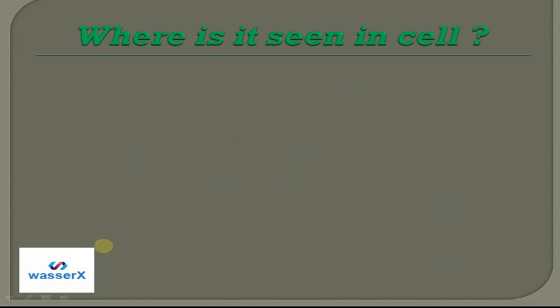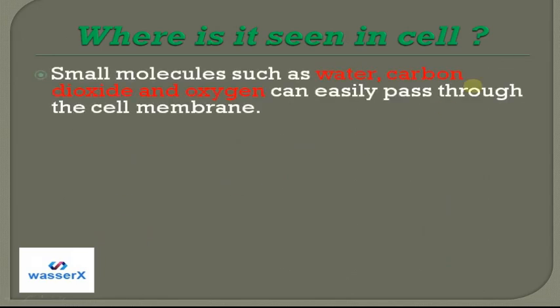Now, where can we see the diffusion in the cell? We can say that small molecules, mind this word, small molecules. Only small molecules will diffuse and not large molecules, because large molecules are so big that they cannot diffuse. If I am seeing through any tiny thing, I can see, but I cannot go through inside it.